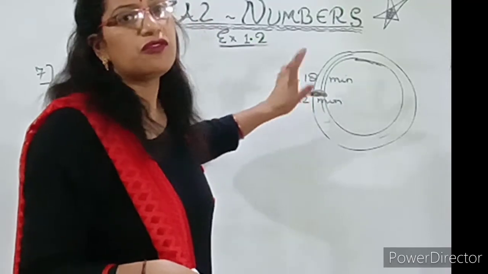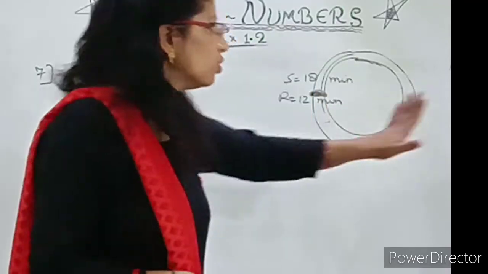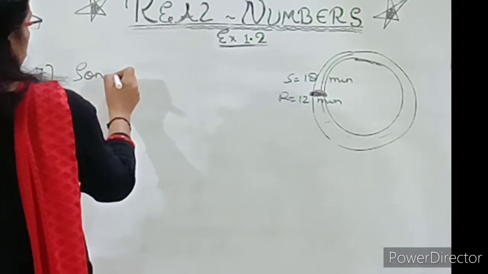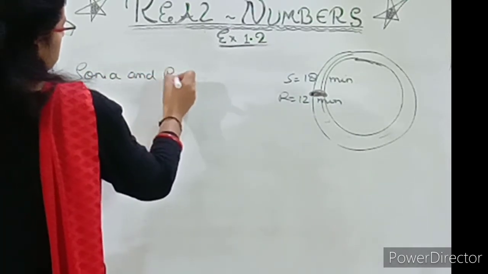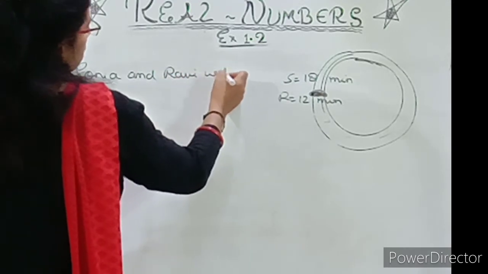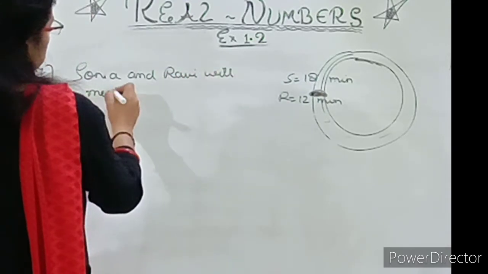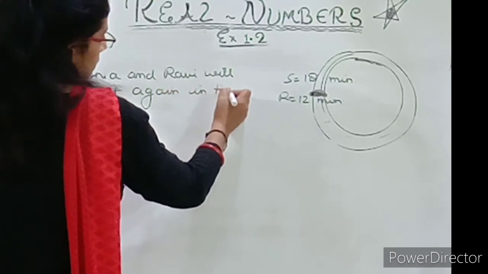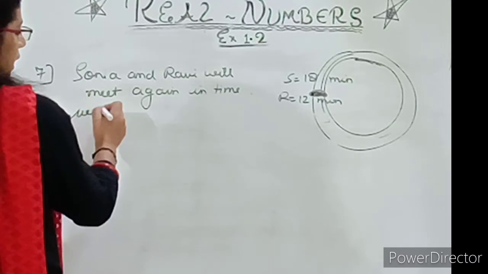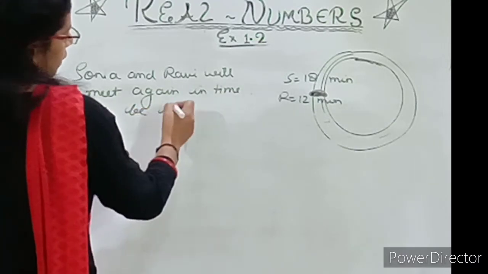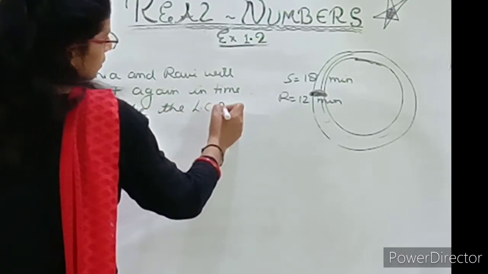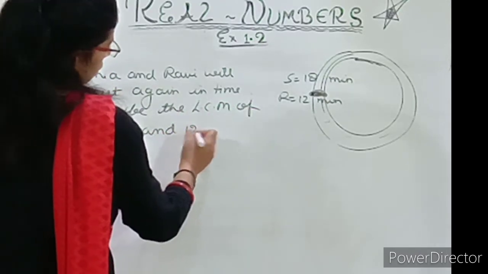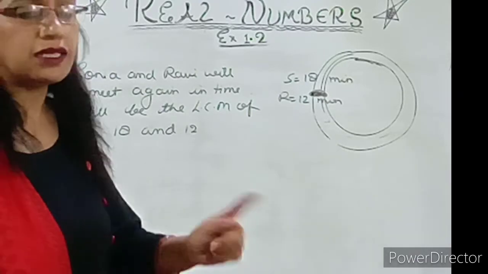So that means you have to find the LCM. Sonia and Ravi will meet again in a time which will be the LCM of 18 and 12.